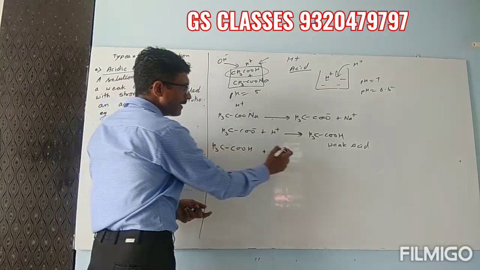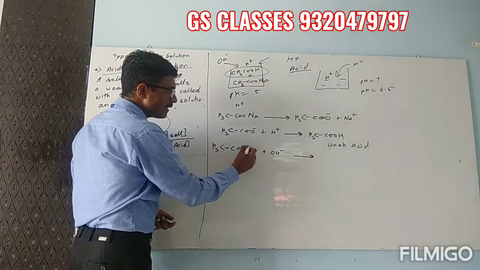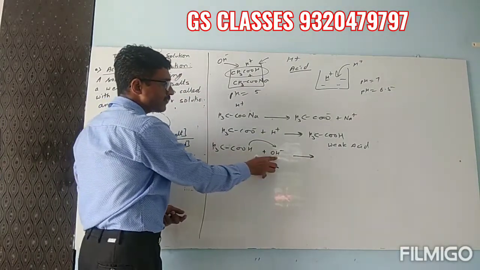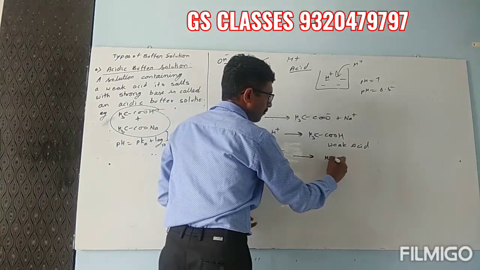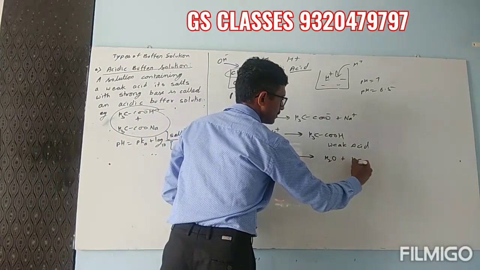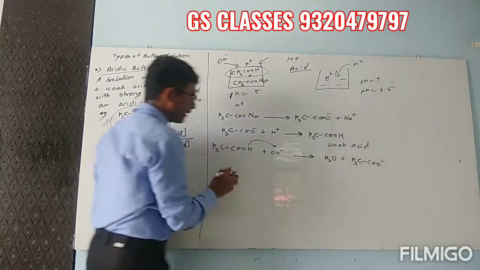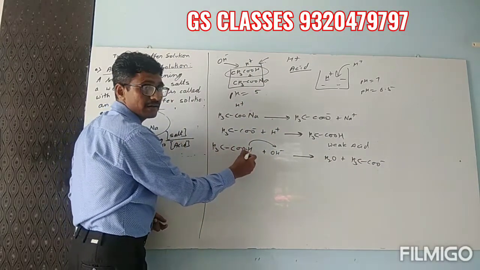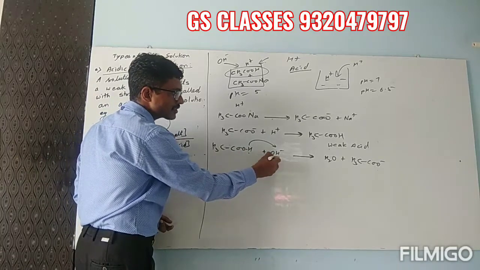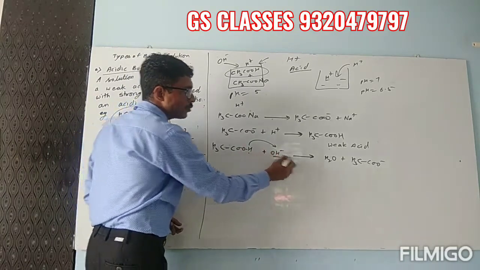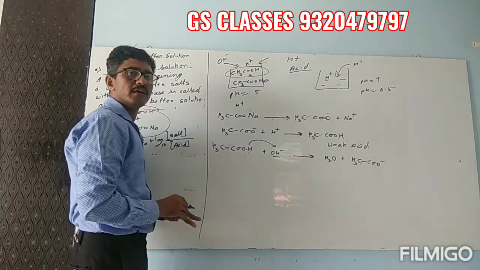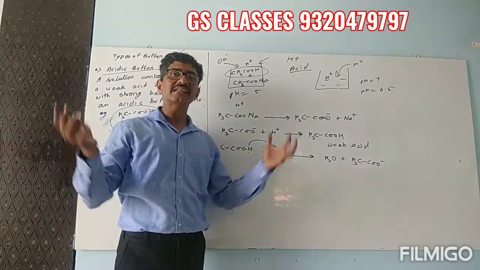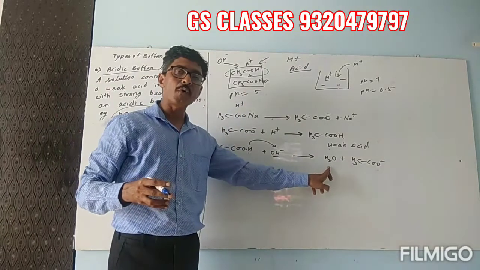But if hydroxide ion comes, immediately hydrogen from here will go and react with hydroxide, forming water and acetate ion. This bond will break. Hydrogen and hydroxide will combine to form water. Now see, hydroxide ion is not free. It is getting locked in the form of water.